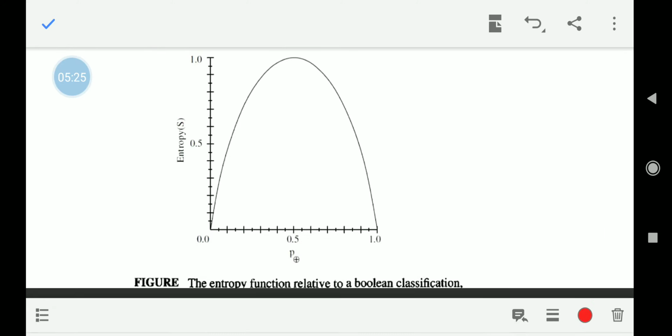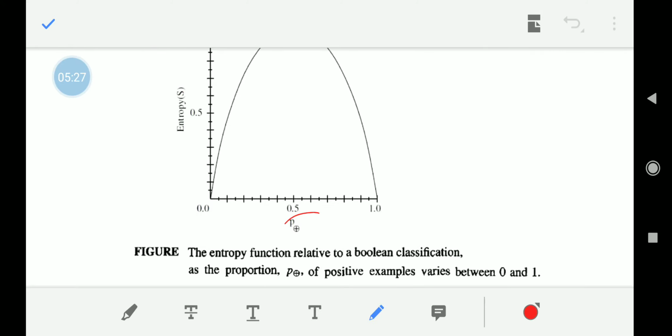Meaning of that is, if P plus is 0, that means all 14 examples belong to the same class, that is negative, all are negative, then our entropy is 0. We have seen the statement earlier. If P plus is 1, entropy is 0, which means all belong to the same class.